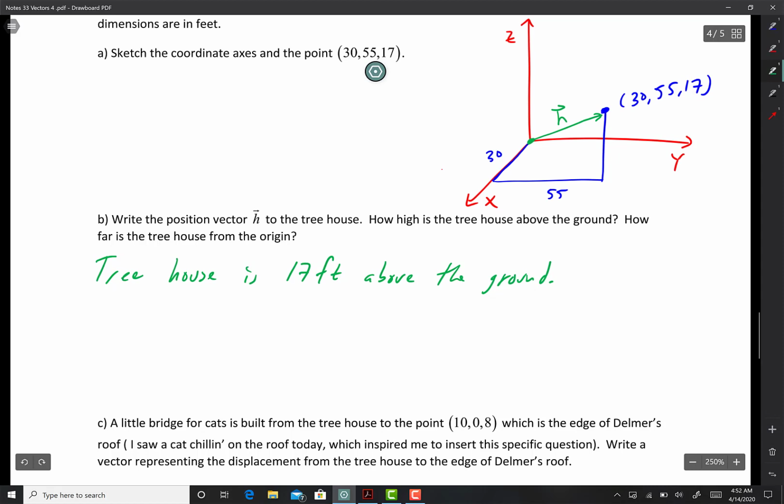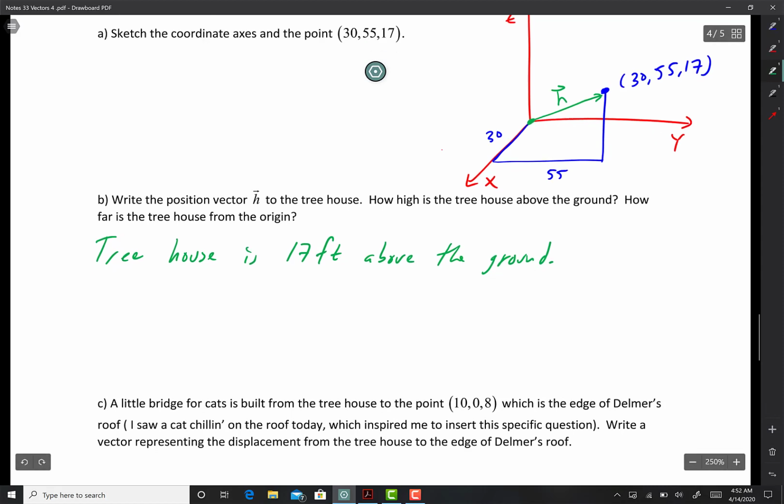All right, well, from the origin, it's like a rectangular prism here, and it's like doing Pythagorean theorem. We can't really call it Pythagorean theorem because that's a property for two dimensionals, but it's like Pythagorean theorem. So magnitude of h prime is the square root of 30 squared plus 55 squared plus 17 squared. And let's see what we get.